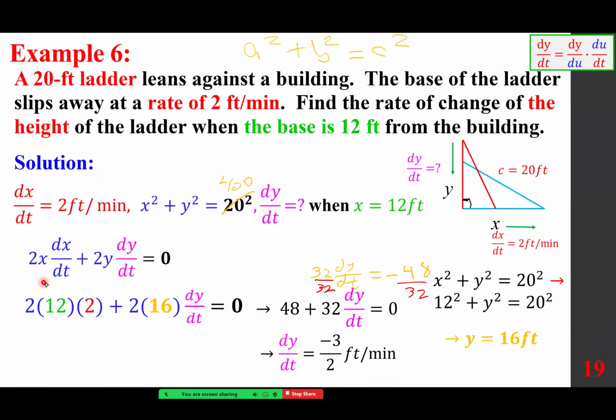Dy dt is negative 3/2 feet per minute. I'd like you to notice that as we move this way, x is increasing, therefore dx dt must be positive, and it is. As it comes down, y is decreasing, therefore dy dt must be negative, and it is.